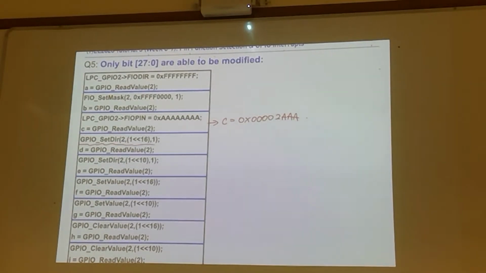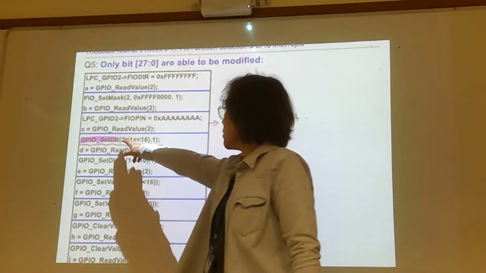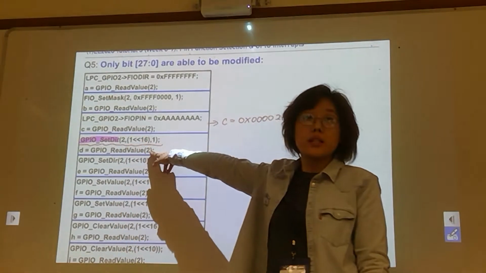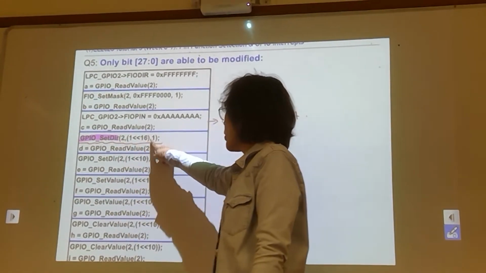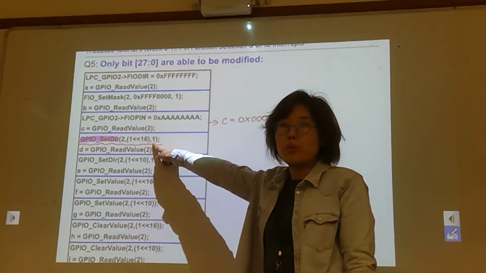And this one, again, is another function given by the library. For those who have your lab already, you know that this is to set the direction of your pins. So which pins are we setting? Port 2, pin 16. We want it to be output.